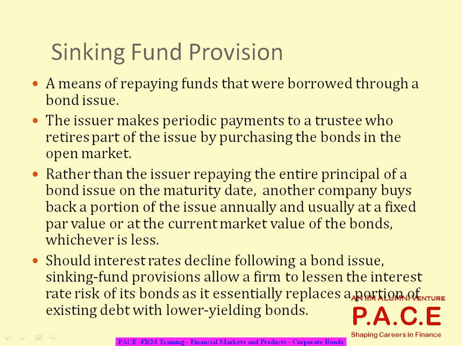Some percentage of the bonds are bought back and the remaining are closed on maturity. So probably 50% he'll say I'll buy back before maturity, and only 50% I'll pay on the maturity date. So if the interest rates are falling, it will benefit the issuer, but if the interest rates are increasing, it will benefit the investor.